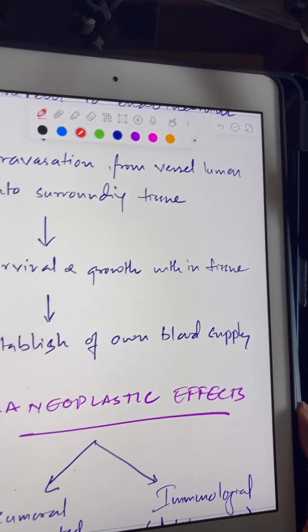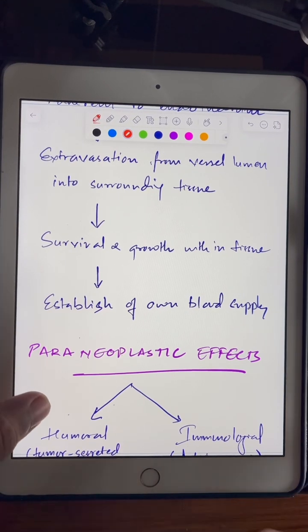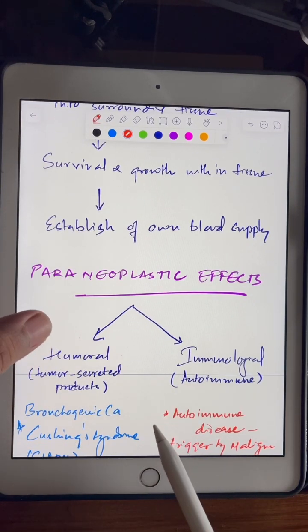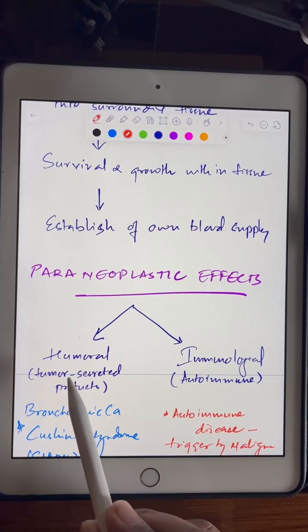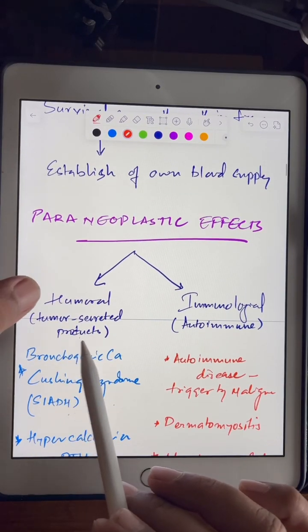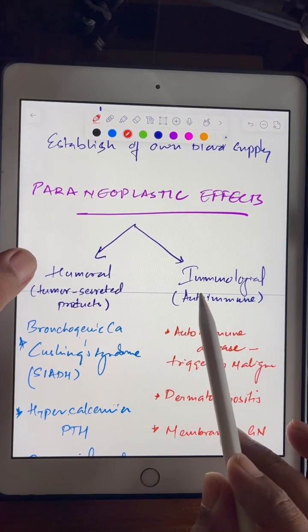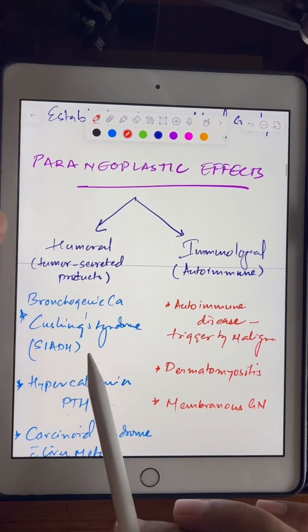Now, paraneoplastic effects are effects caused along with, and because of, the presence of a malignant tumor. These can be hormonal and immunological. Hormonally, the tumor secretes products which lead to a hormonal effect, and immunologically it is autoimmune.